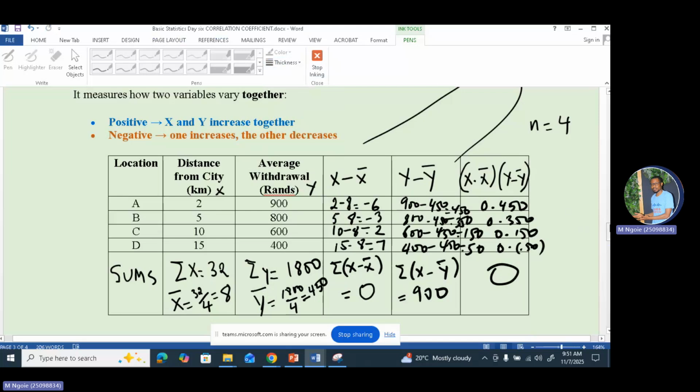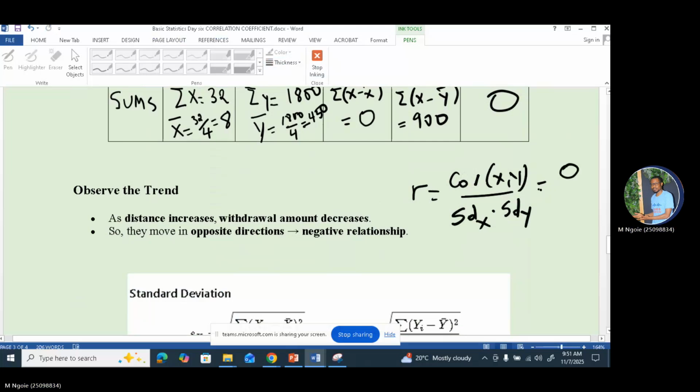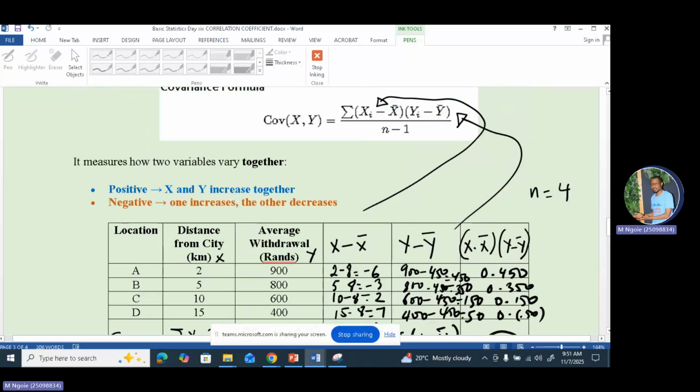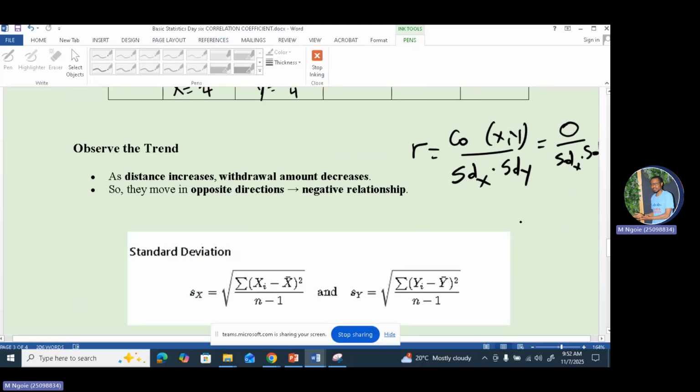So there is no way you can continue because the formula here is covariance of x and y divided by standard deviation of x times standard deviation of y, but here we have already 0. 0 divided by standard deviation of x. So there is no way we can continue there because the covariance already is gonna be 0.